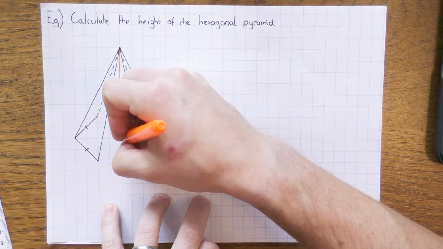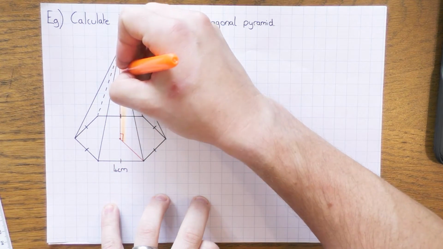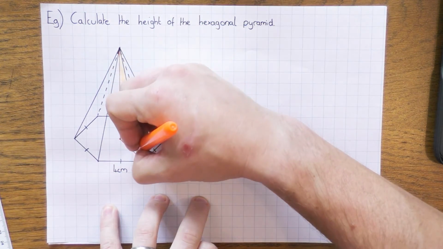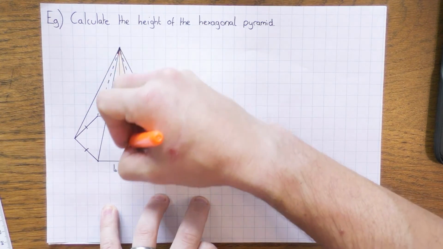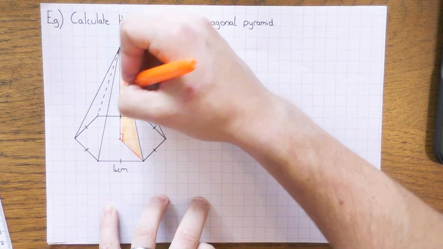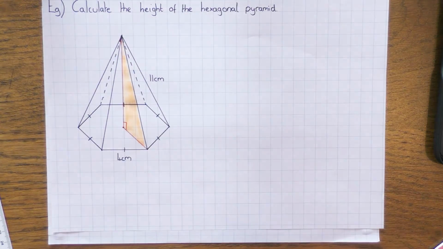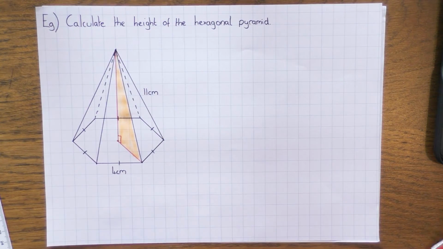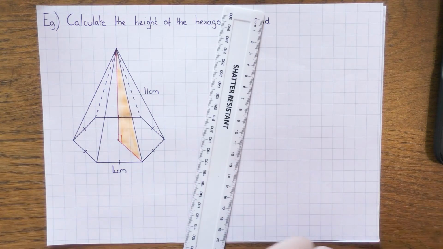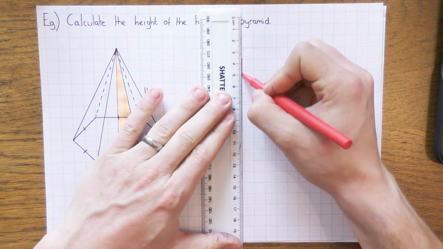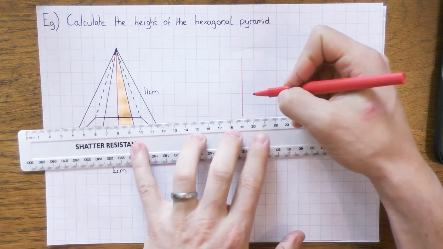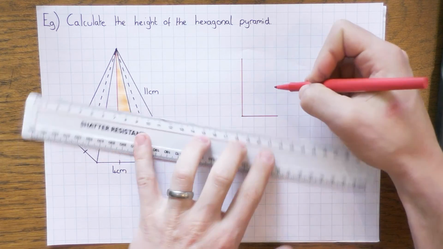Sometimes it does make it a bit easier to see what's going on. There we go. Okay, so that's what I'm after. Once you've identified your right angle triangle, let's draw a little sketch over here to do all of our working on. Like so.